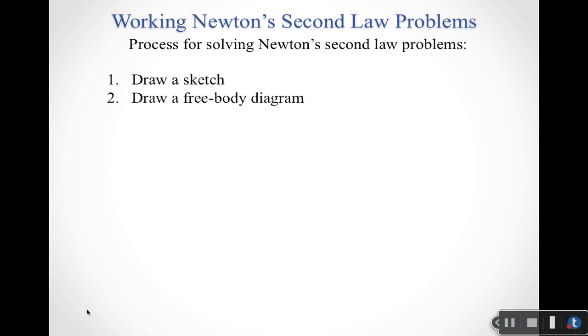So what's that process? Well, we're going to start the same way we always do. We're going to draw a sketch. And we're going to take that sketch and use it to draw the vector diagram. In this case, that vector diagram will be the free body diagram. We will start with problems where we're interested in a single free body diagram because we're interested in the forces acting on one object.